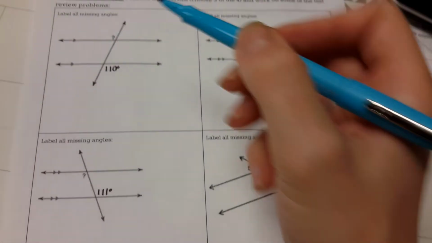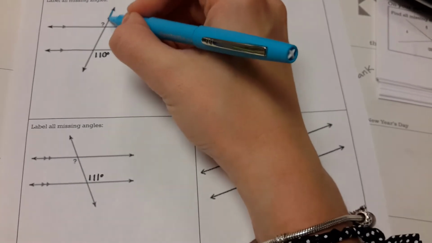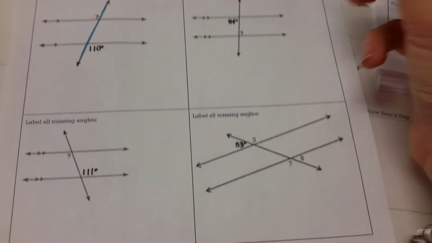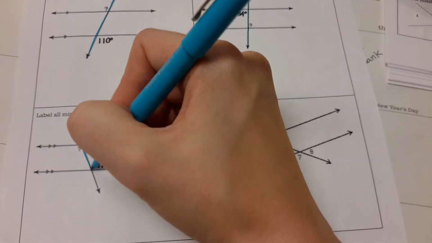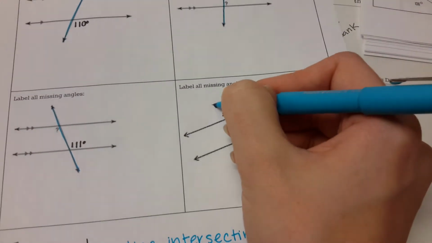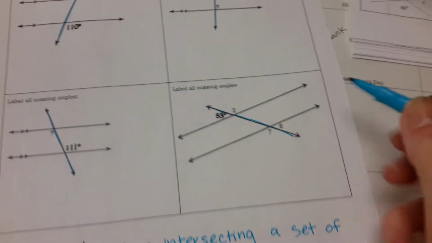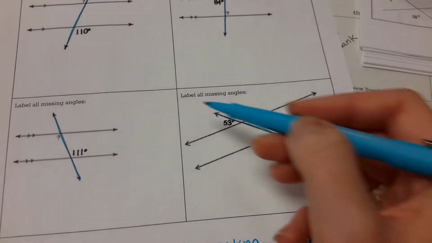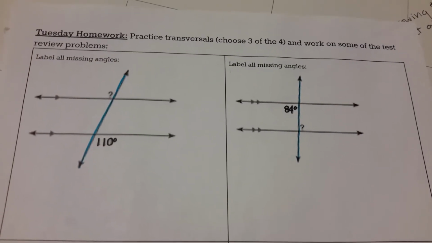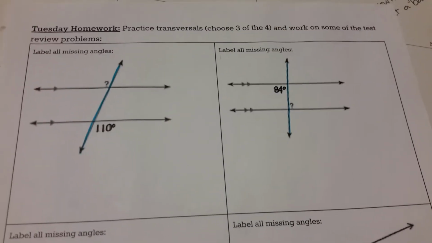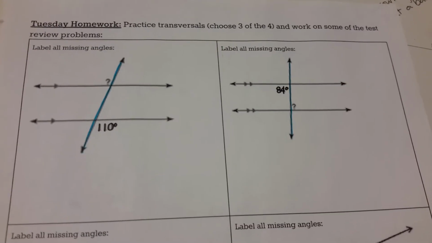In all of these images above, the line that I will highlight in blue is the transversal. So we have a set of parallel lines and a transversal intersecting them. We can use what we've learned in class about vertical angles to help us solve transversal problems.